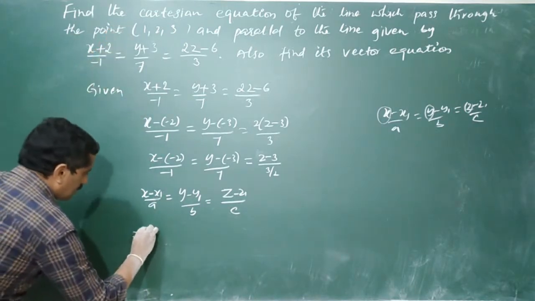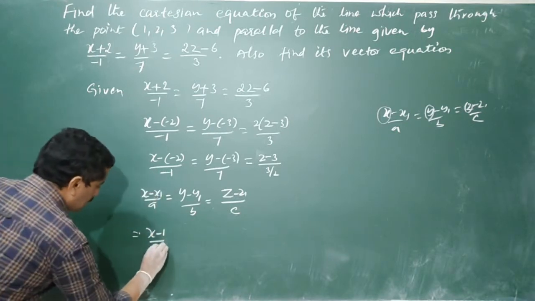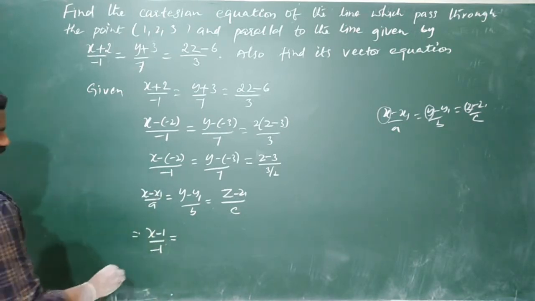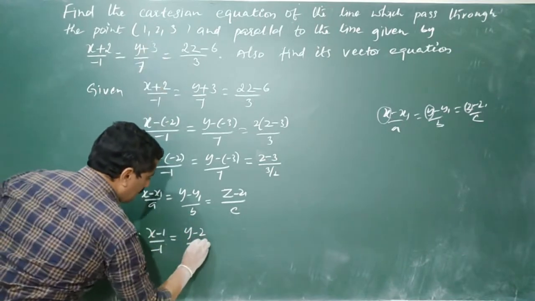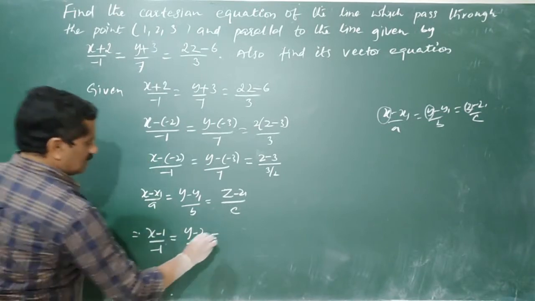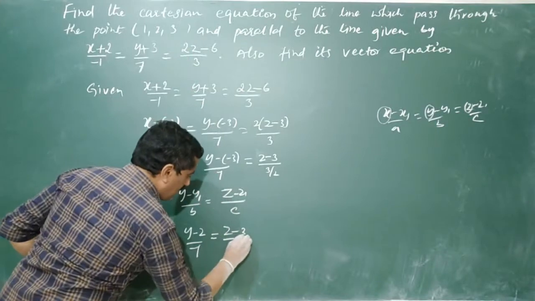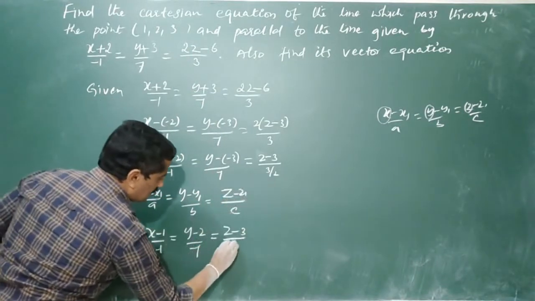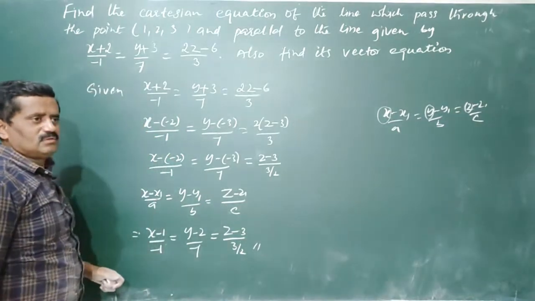So that is x minus 1 by a value we have minus 1 is equal to y minus y1 we have 2 divided by b value we have 7, that is equal to z minus z1 3 divided by c, we have c, that is 3 by 2, which is Cartesian form.